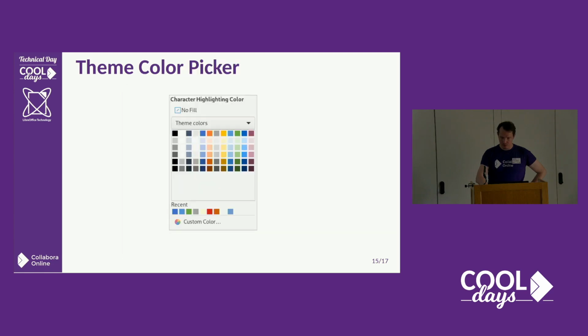And of course, if you want to define your theme colors, you have to use this theme color picker, which is like the old color picker. You have to select these theme colors, and you can then select which theme color you will apply. It's similar to Microsoft Office, where this is used almost by default.